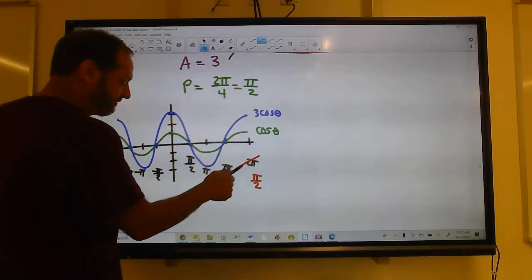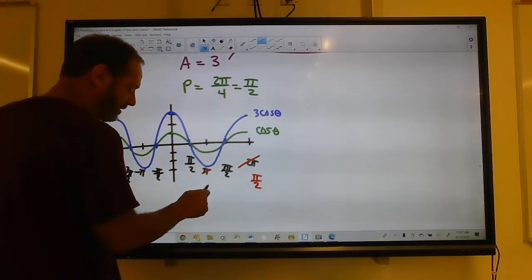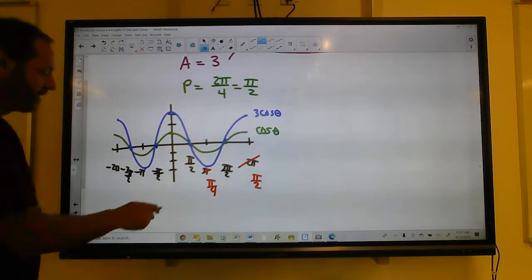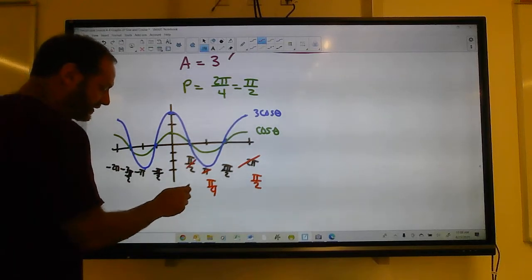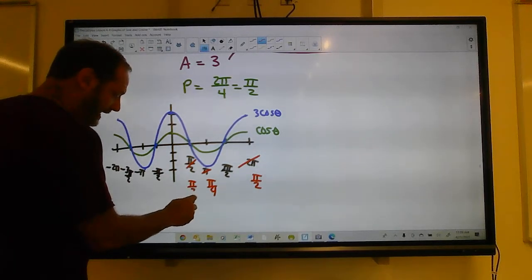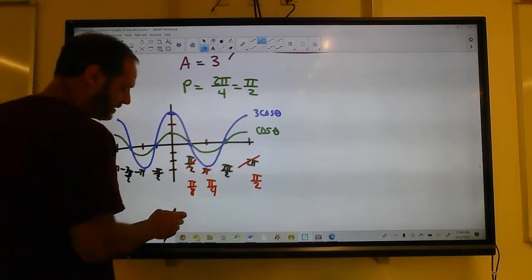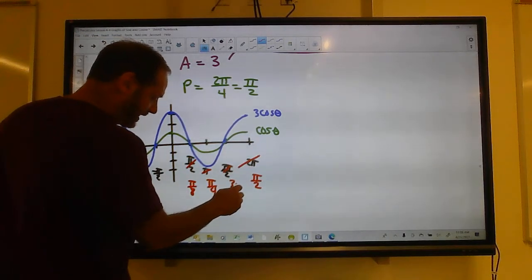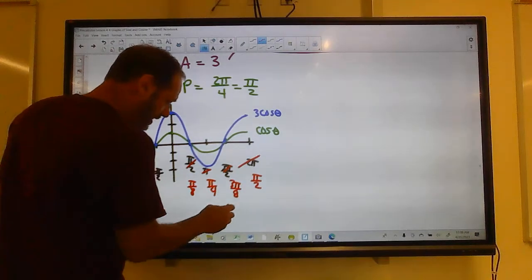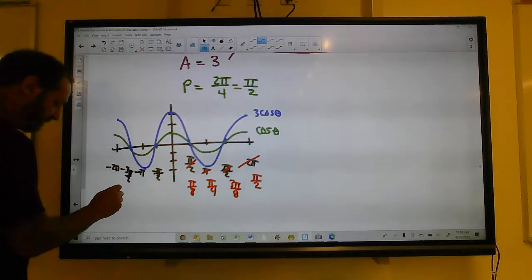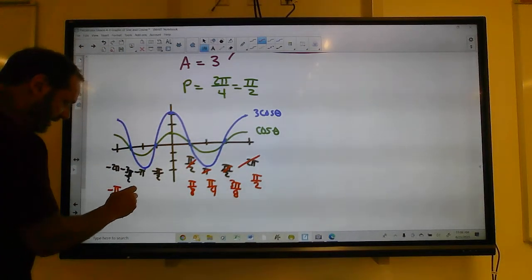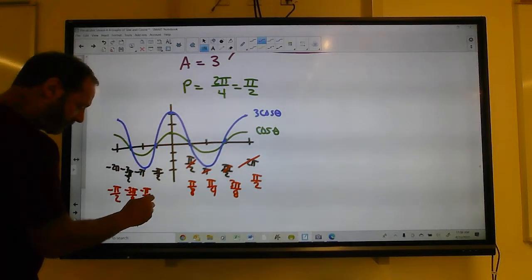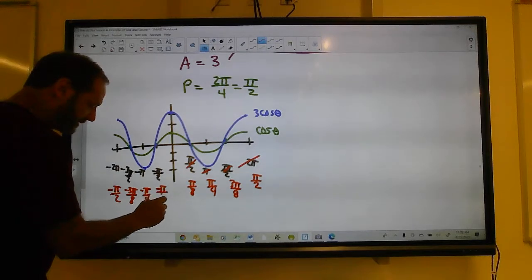This is half of that, so this is now pi over 4. This is half of this one, so this is now pi over 8. This one is always that one plus that one, so this would be 3 pi over 8. And now these are just negatives, so this is negative pi over 2, negative 3 pi over 8, negative pi over 4, and negative pi over 8.